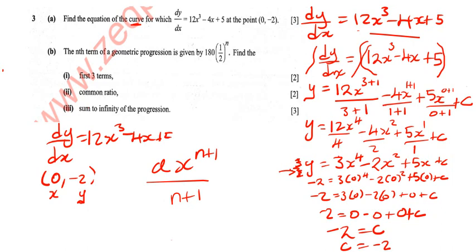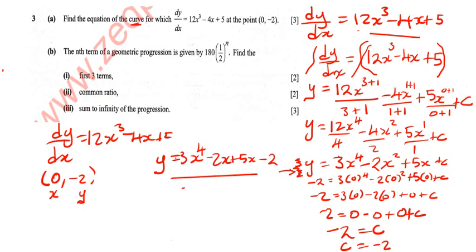So if I were to rewrite this, my answer will be y is equal to 3x to the power 4 minus 2x plus 5x. Now the value of c is negative 2, like that. That's my answer. Any questions?